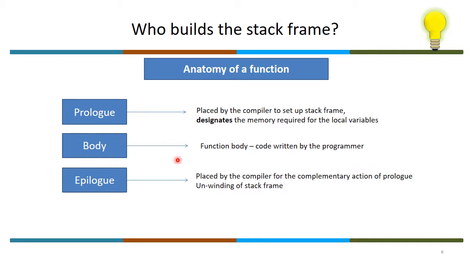The body of the function is exactly what is written by the programmer, and the epilogue is placed by the compiler for the complementary action of the prologue. The stack is set up in the prologue, and the unwinding action takes place at the epilogue.